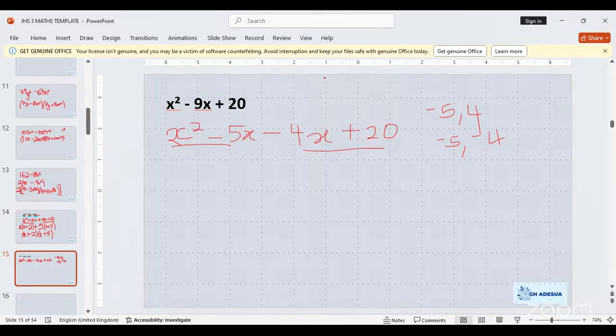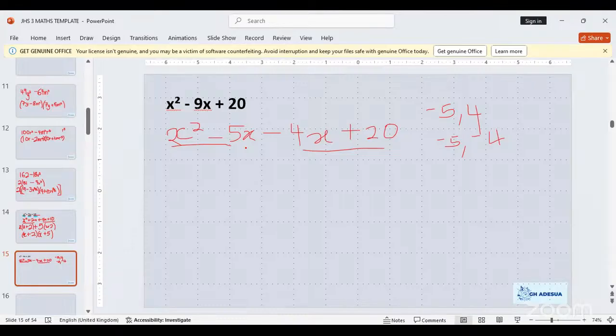Hello, Akusha. x squared minus 5x, what is the common factor? What is common to x squared and negative 5x? 1. Yes, certainly. As for 1, it would work for everybody.